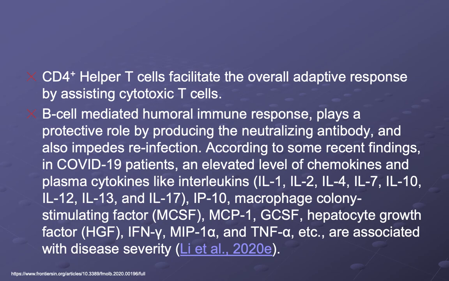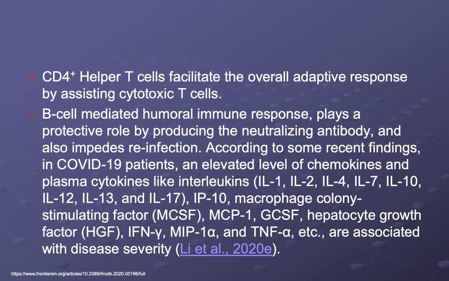Now, in one paper that I've read from Frontiers, in COVID-19 patients, there is an elevated level of chemokines and plasma cytokines, which actually corresponds to what we call nga as the cytokine storm.